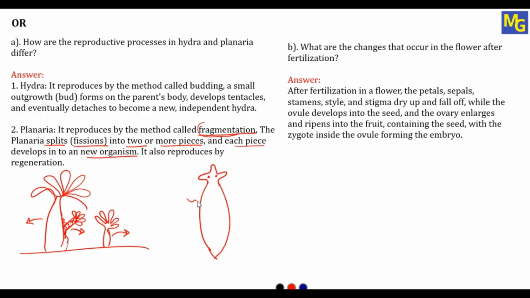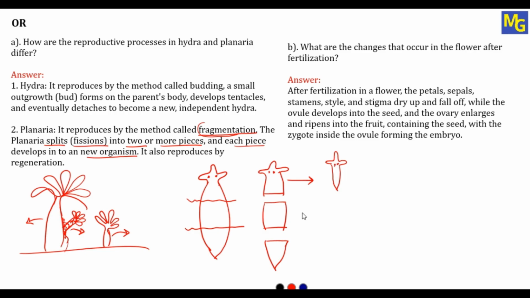This Planaria will get cut into pieces, two or three pieces like this. This is the first piece from the head side, this is the middle piece, and this is the end piece. So here it has been cut into three pieces like this. Now what happens? This first piece starts growing into a new individual Planaria.